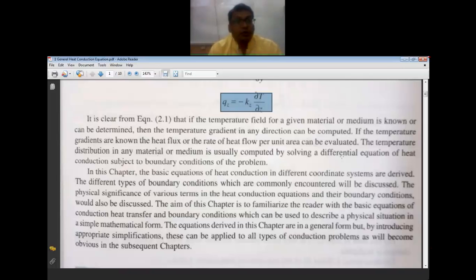One has to solve the differential equation by considering the different terms and conditions, applying the boundary conditions for that particular situation, and calculate the values of the heat flux or the heat flow rate. The basic equations of heat conduction in different coordinate systems are derived, and that we are going to discuss.